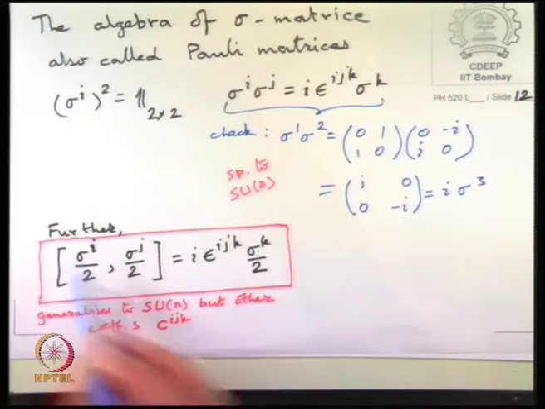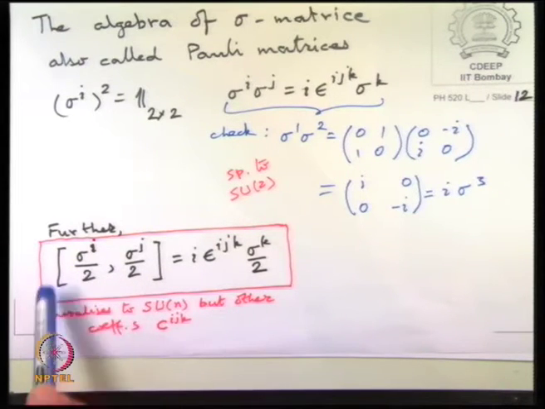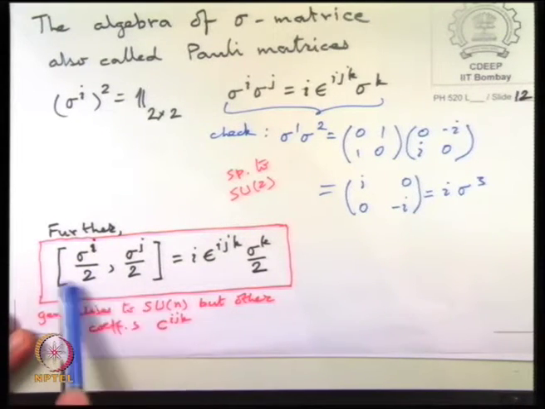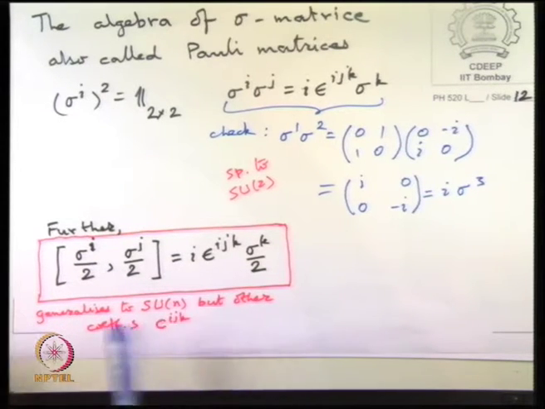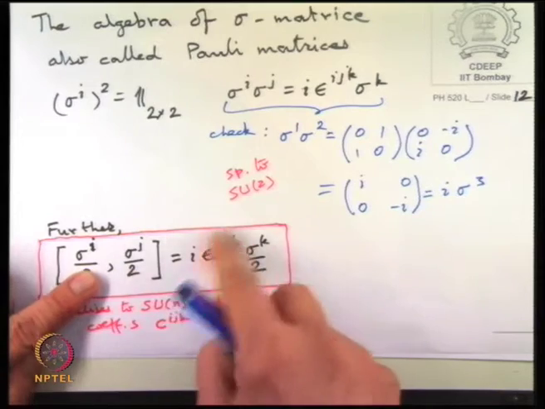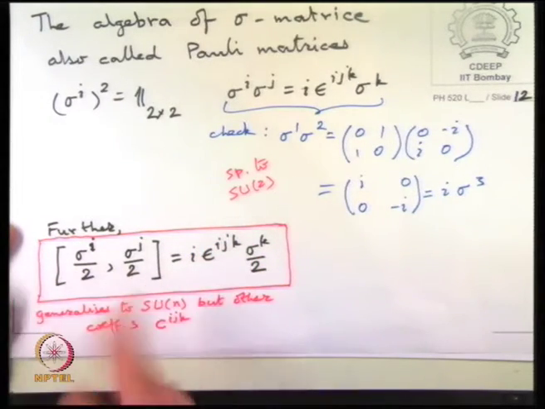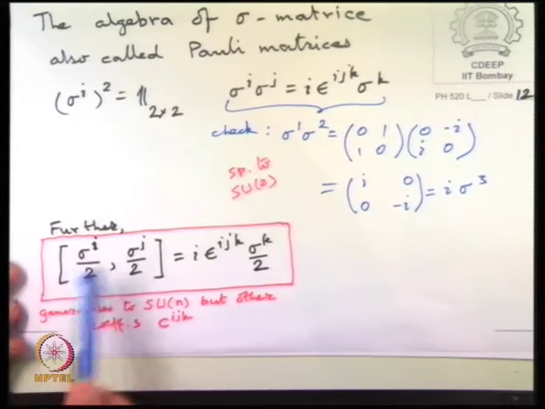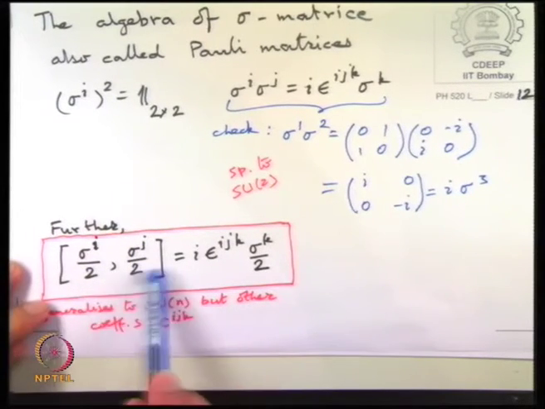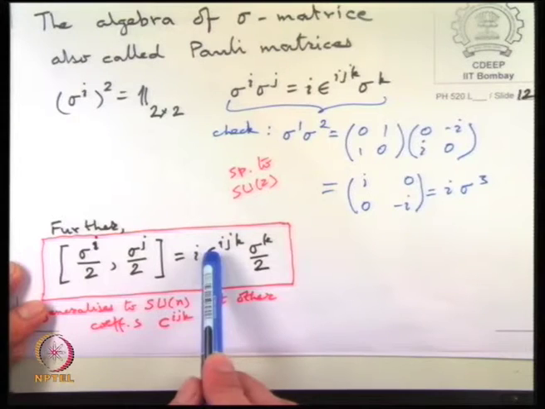It just requires multiplying 2 by 2 matrices. But the half factor is important, without which, if you don't put half, then you have to modify this coefficient by factor 2. You can multiply both sides by 4, because it will cancel these 2's, and a 2 will be sticking here.